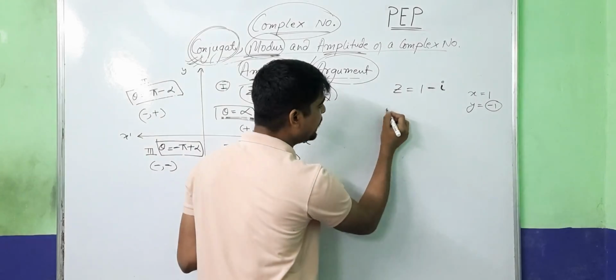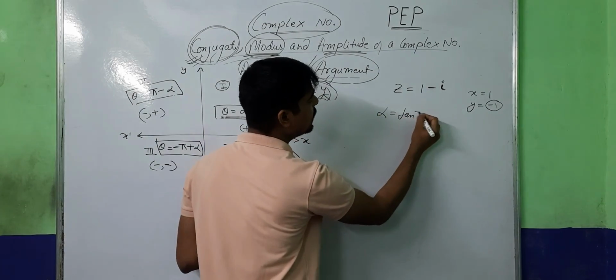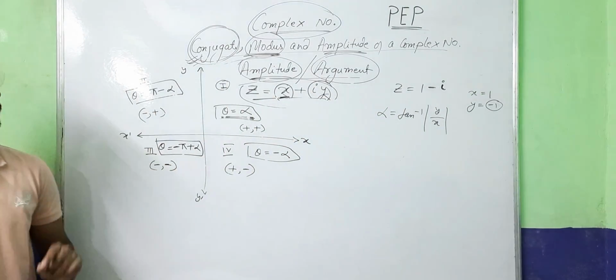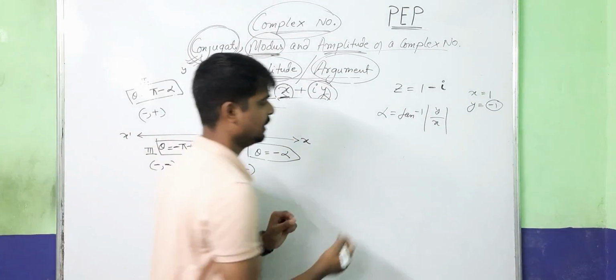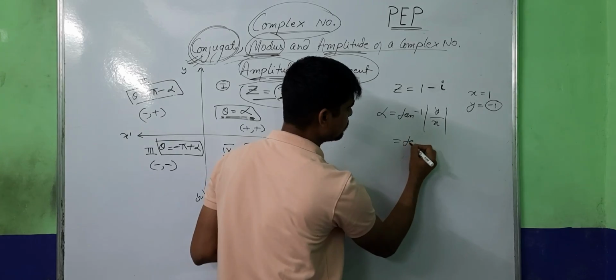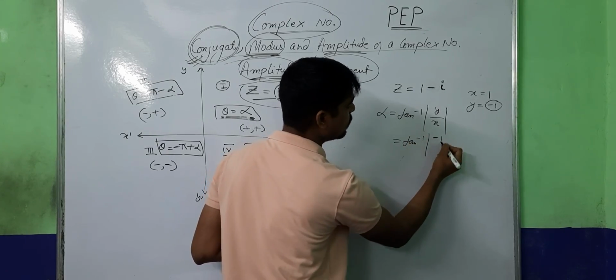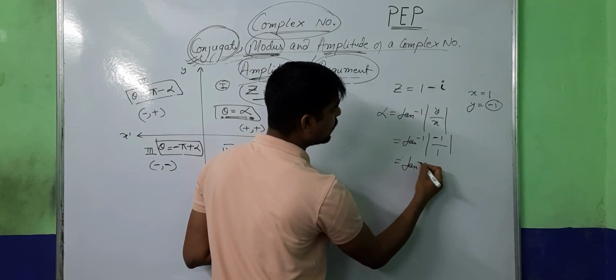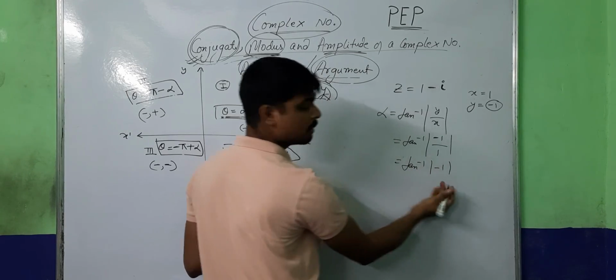First of all, we have to find alpha. Alpha is equal to tan inverse y by x. What is the value of y? Minus 1. What is the value of x? 1. What will you get over here? Tan inverse mod minus 1.